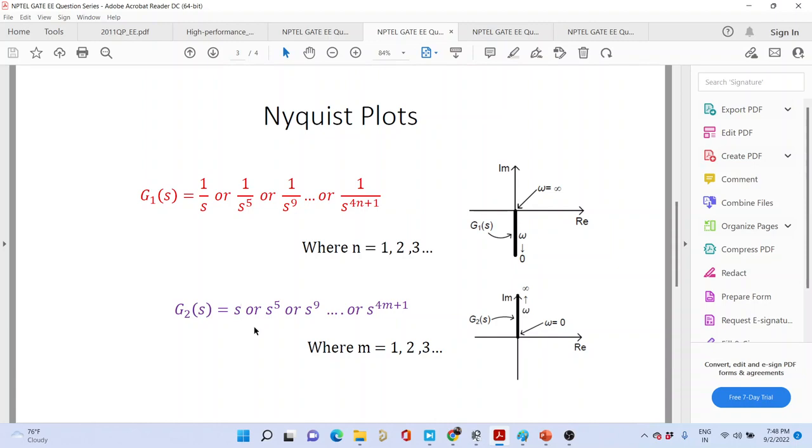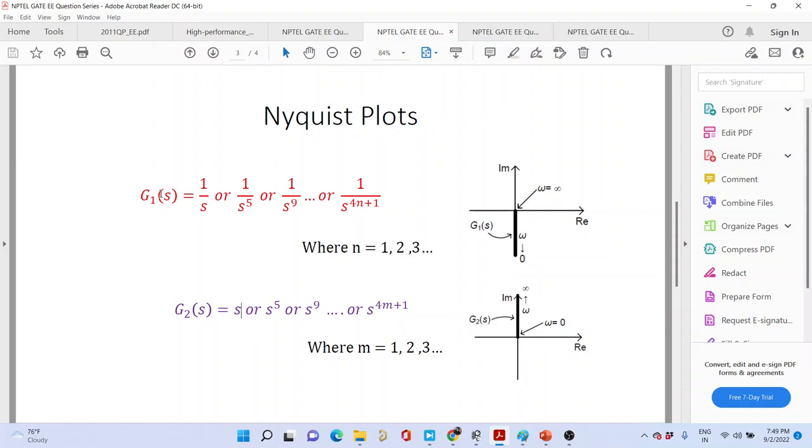If the degree of the numerator polynomial is higher than the degree of the denominator polynomial, that is not a practically realizable system. You cannot realize that system practically because it becomes a non-causal system.